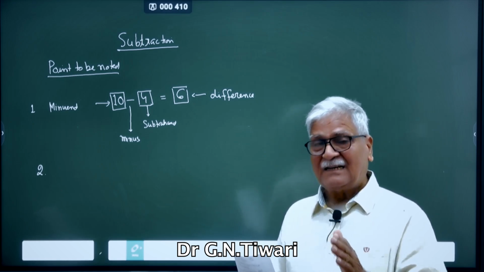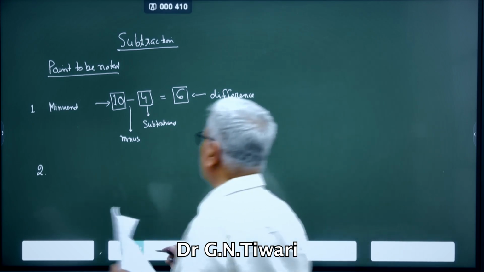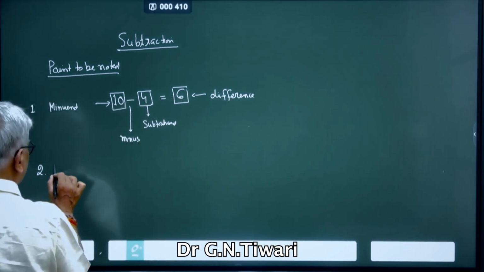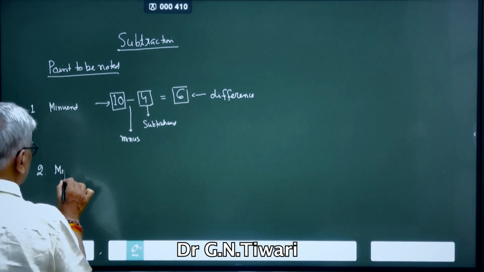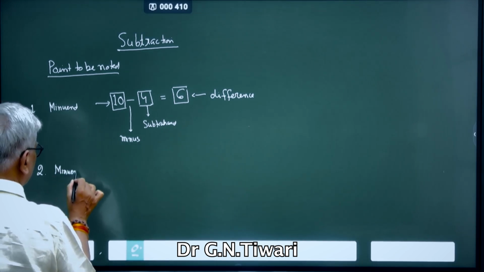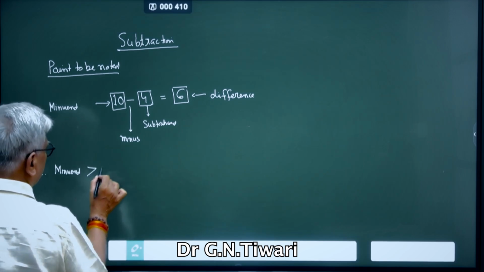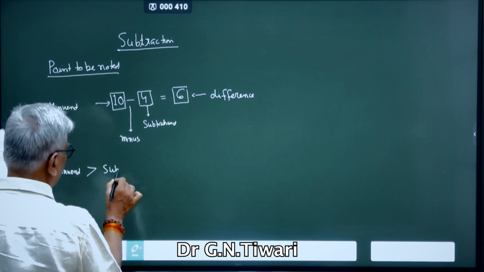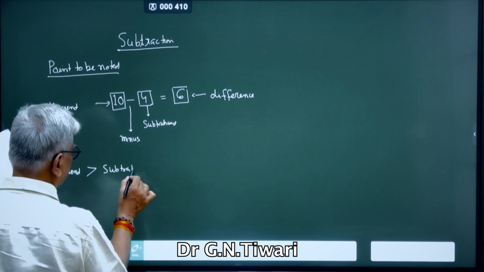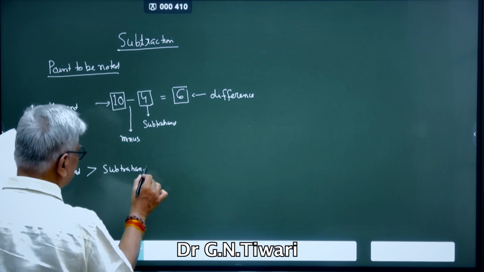Minuend is higher than subtrahend. So first, the minuend is greater than the subtrahend. That is the second point.